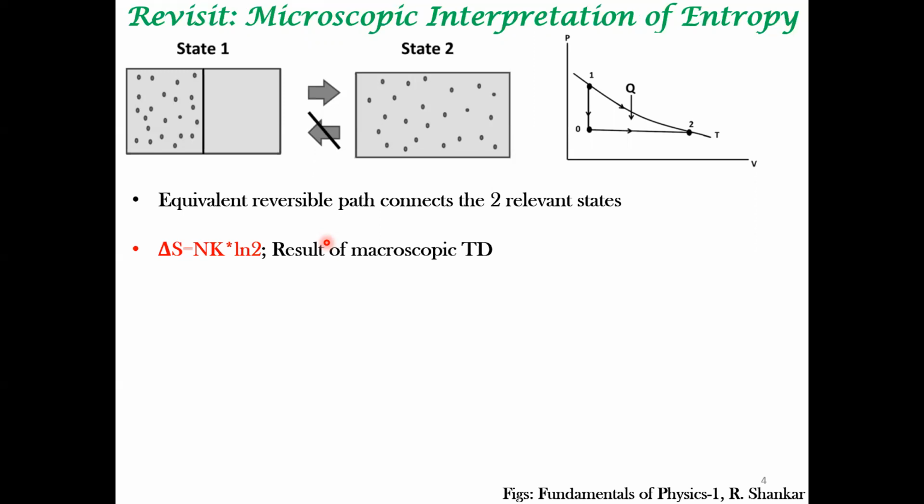We did this in some earlier lecture. So I request you to go back and get a concrete understanding of how we looked at entropy microscopically. We did one important pedagogical example of a Joule expansion, right?